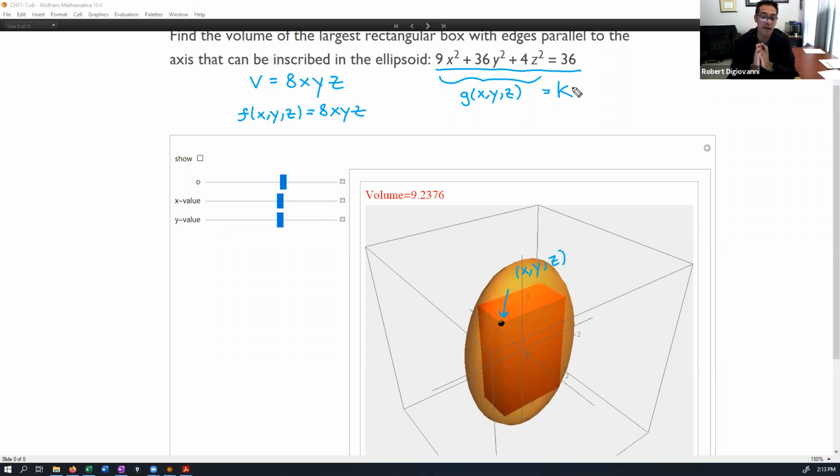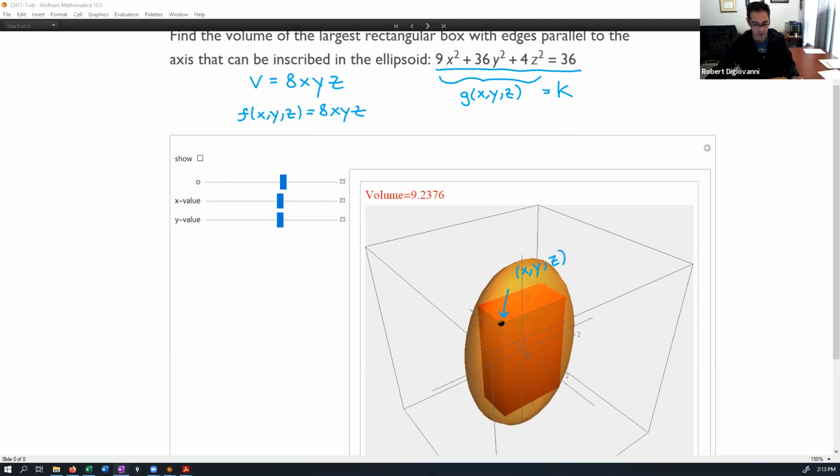Now, if you look back at our last class, the reason it wasn't easy is because we didn't have this method. So we had to make the volume equation a function of a single variable. I mean, sorry, of two variables instead of three.